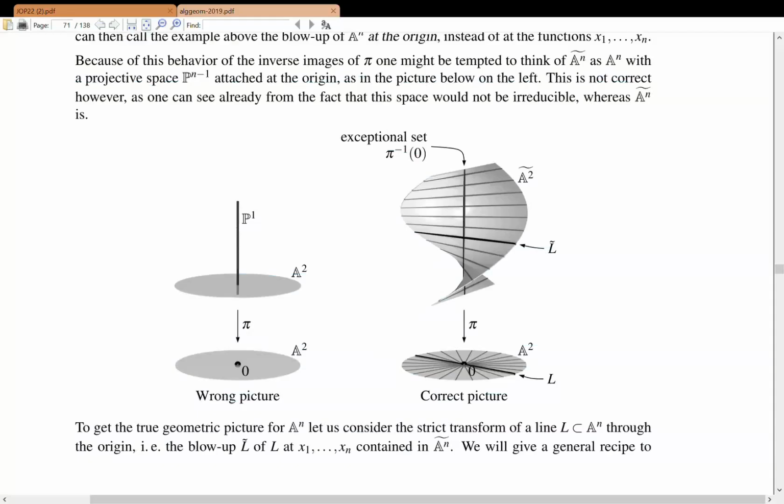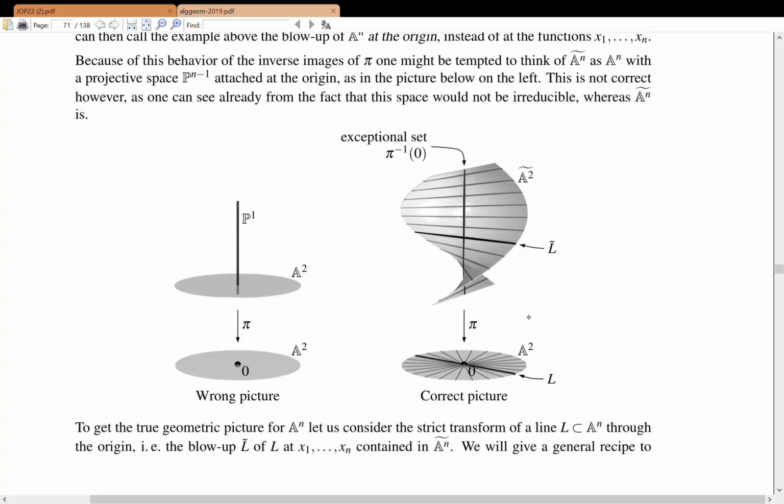Let's now look at the correct picture here in the textbook. Down here you have lots of lines L through the origin. But if we look at the blow-up up here, all the lines have become separated. Each of them intersects the fiber over the origin. This vertical line here is the fiber over the origin, and that's supposed to be a copy of P^1.